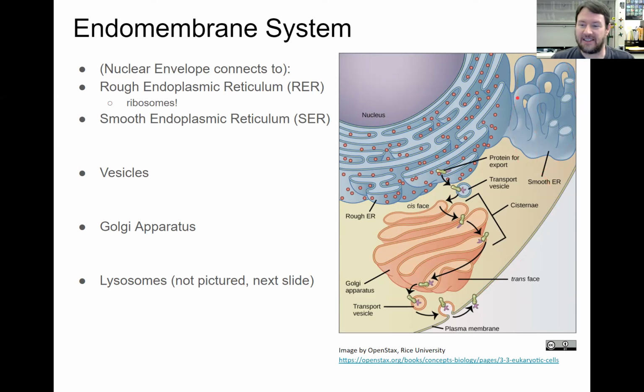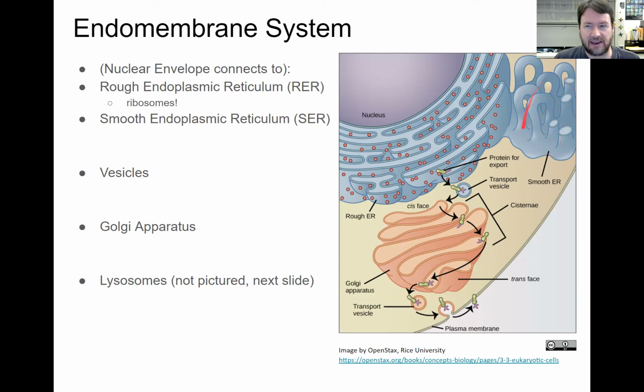Ooh, the smooth ER has a lot of different functions, and it's actually responsible for synthesizing a lot of the membranes. It's involved in metabolism of fatty acids. It synthesizes steroid hormones like estrogen. What's the other one? Storage of calcium ions, especially in our muscle cells.